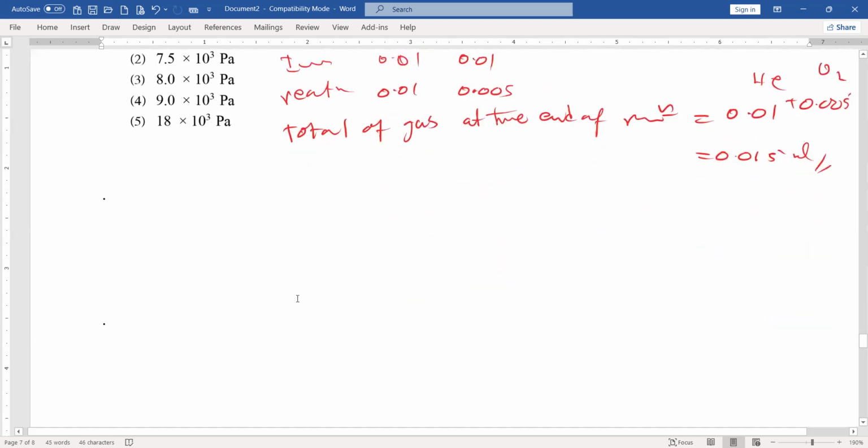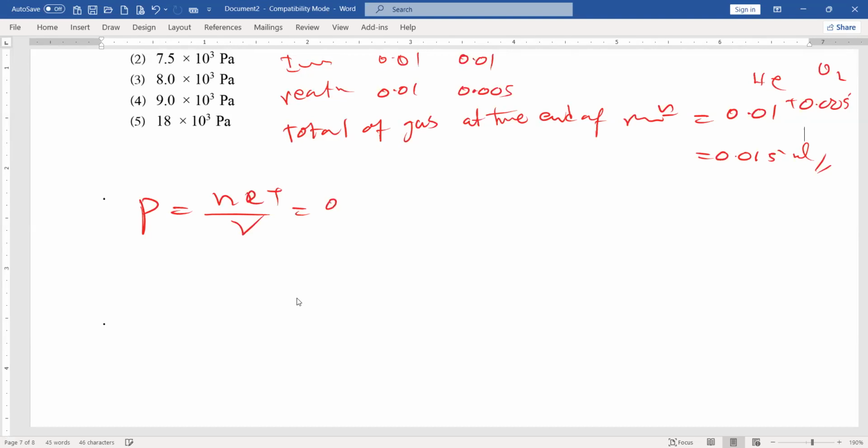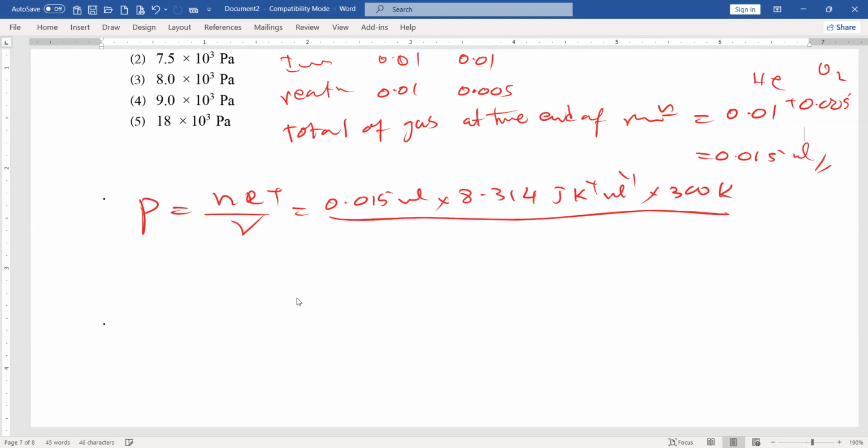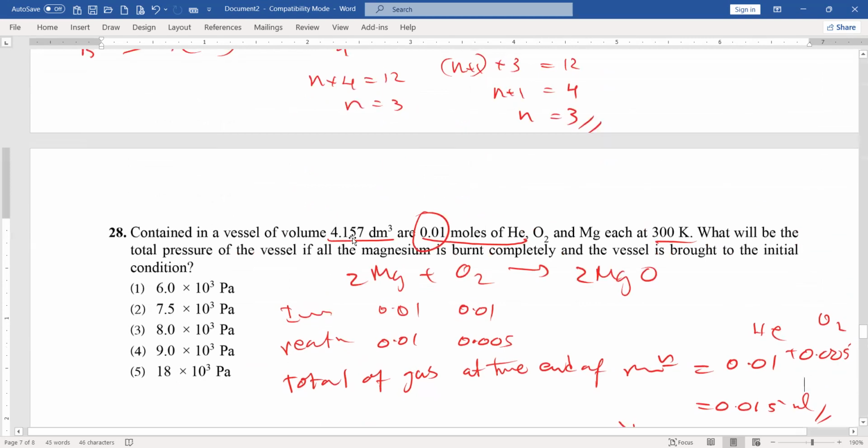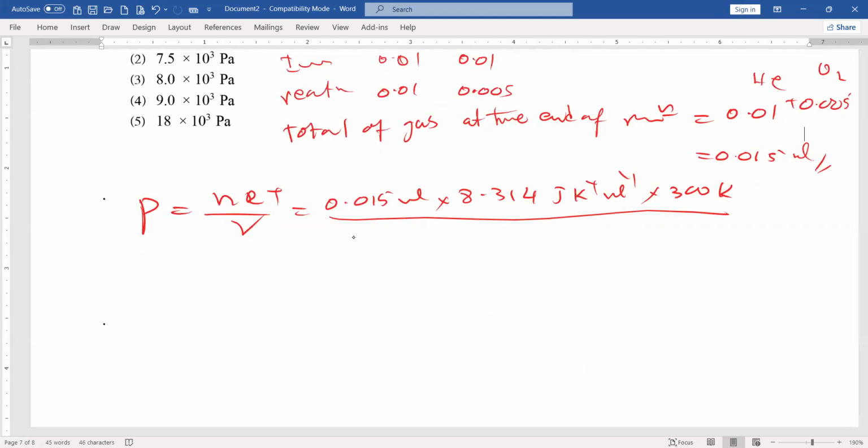Now you can apply PV equals nRT, so P equals nRT over V. n is 0.015 moles times R, 8.314 joule per Kelvin per mole, times temperature 300 Kelvin, divided by the volume 4.157 decimeter cube, which is times 10 to the power minus 3 meter cube.